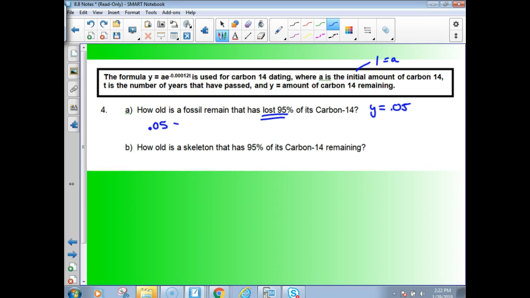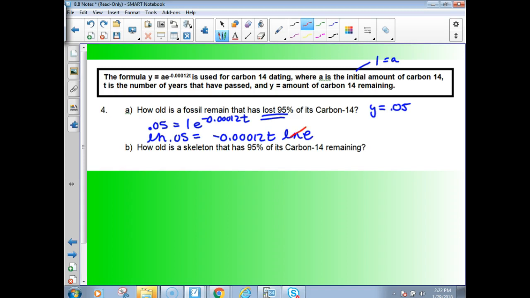Okay, and that equals 1, the amount you had originally, times e to the negative 0.00012 times t. We do not know the time. So we're going to take the natural log of both sides and bring that exponent out front. ln e is 1.